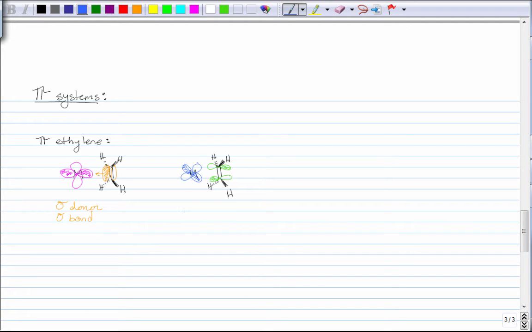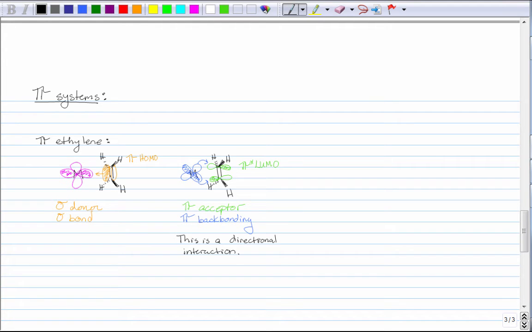A sketch of this interaction looks something like this. In this way, the pi ethylene is acting as a pi acceptor, and the metal is pi backbonding into the pi star LUMO. The sigma interaction here is not directional, however, the pi bonding is directional.